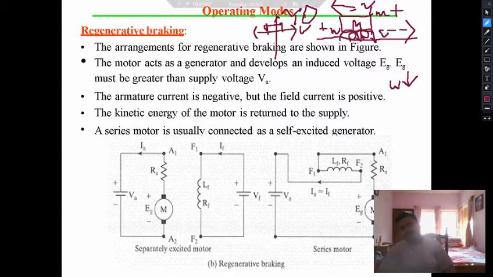The entire train, or the entire motor RPM, will become low and your train will slow down. Now as it slows down, what happens? The direction of the rotation will be clockwise, that is, in the original direction, but the value will become low.